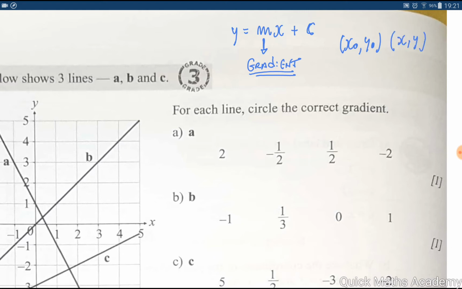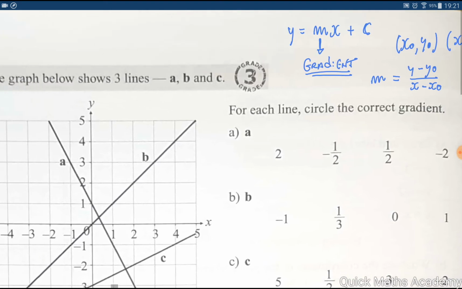So I grab 2 points, and my gradient m will be equal to y minus y0 over x minus x0. This is always how I calculate my gradient. There are other visual methods to see what is the gradient of a straight line, but if we stick to this, we never go wrong.